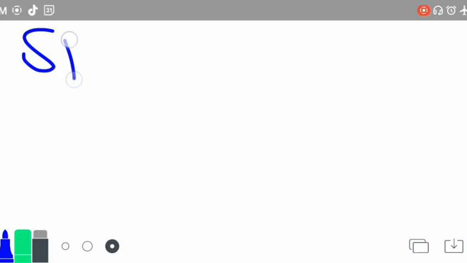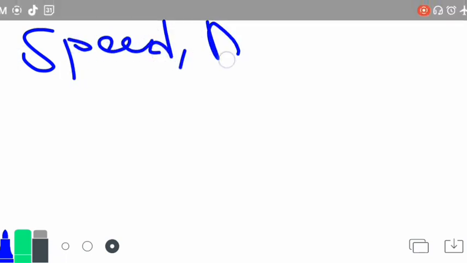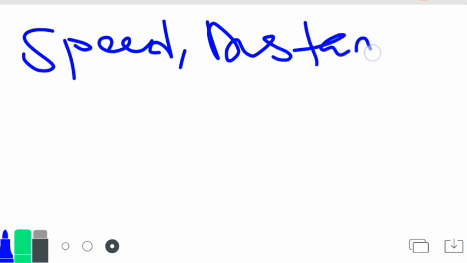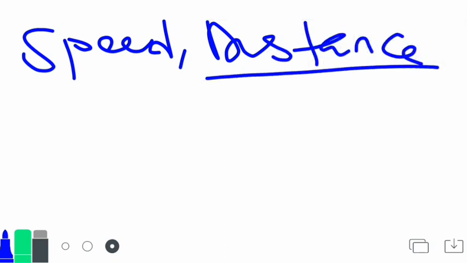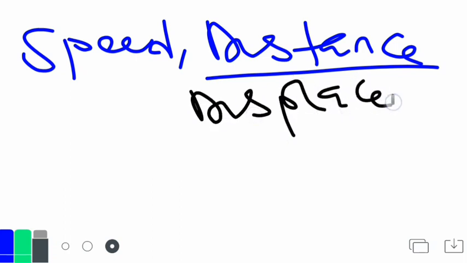Okay, so in motion, we have to define the following terms: what is speed, okay? What is distance, okay? Sometimes this is confused with displacement.